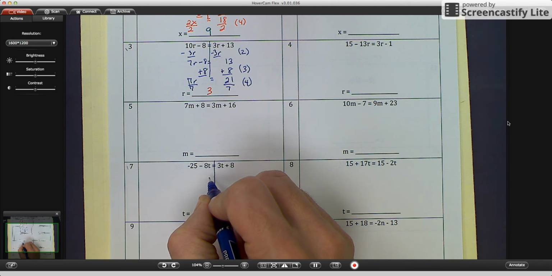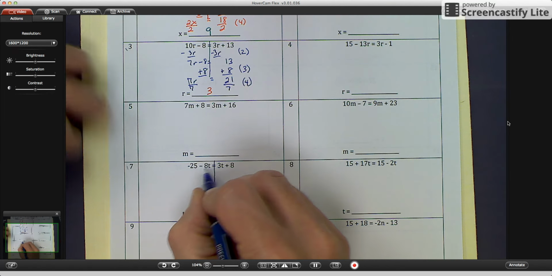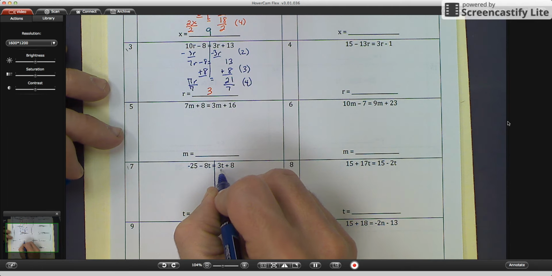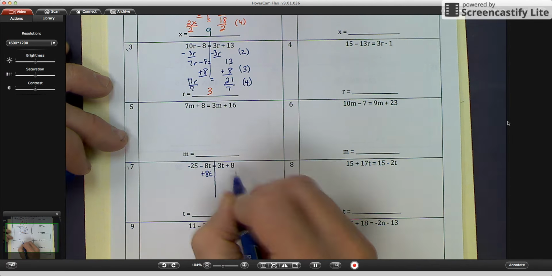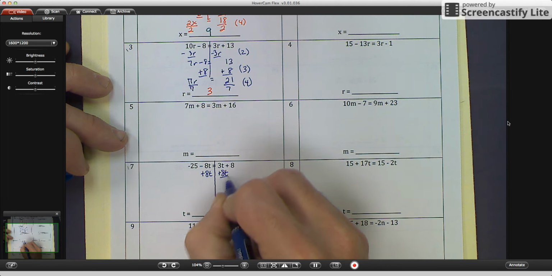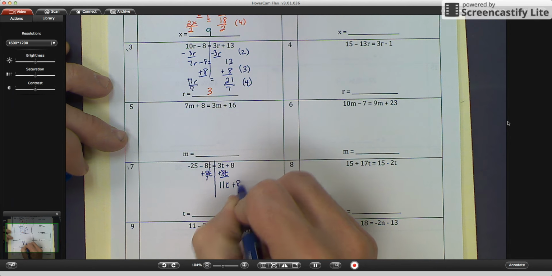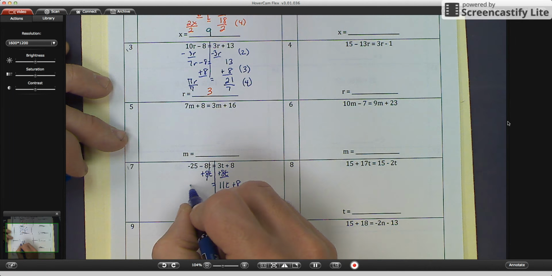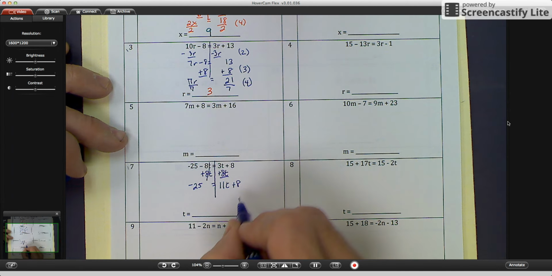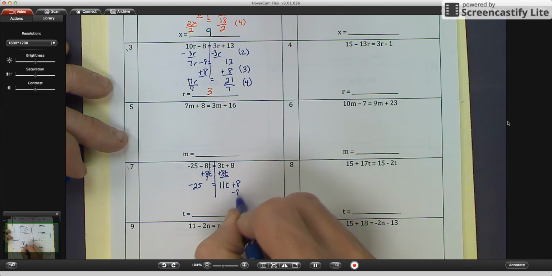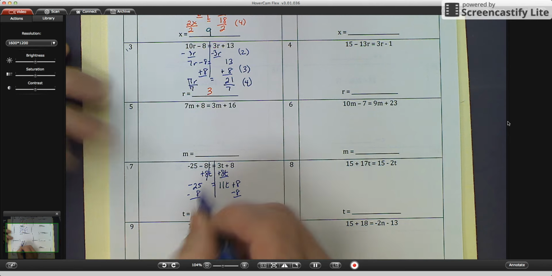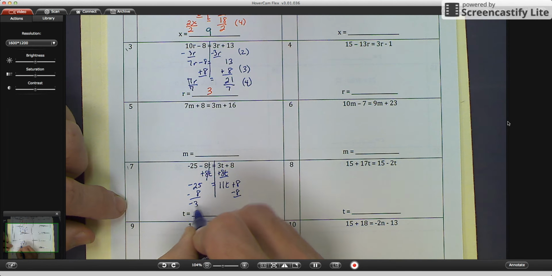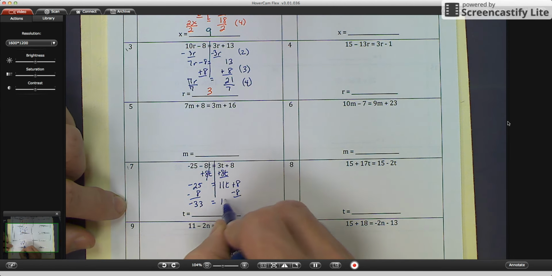Again, I said I want to move the smallest variable. I have a -8 and a +3. -8 is smaller than +3, so I'm going to add 8t to both sides. They cancel, and I get 11t here plus 8 equals negative 25. Then I'm going to subtract 8 because I got to get my variables by themselves. Minus 8. Negative 25 minus 8 would be a negative 33 is equal to 11t.